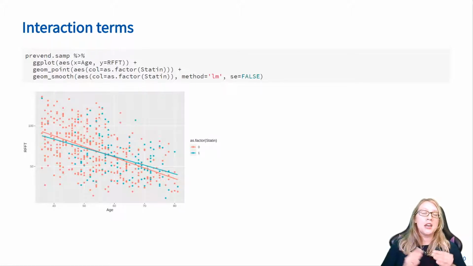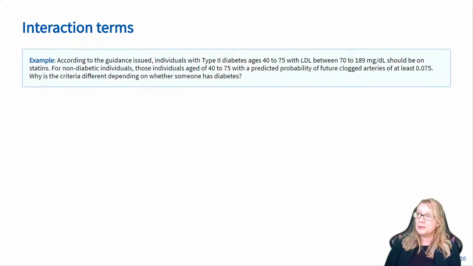That allows the underlying model and slope itself to change. So this incorporates the interaction term in the plot. As you might notice, the slope on statin use, the blue color, is a little bit less steep than the slope on non-statin use.